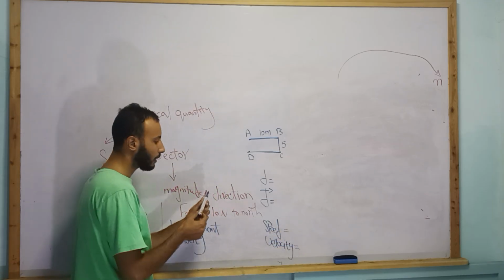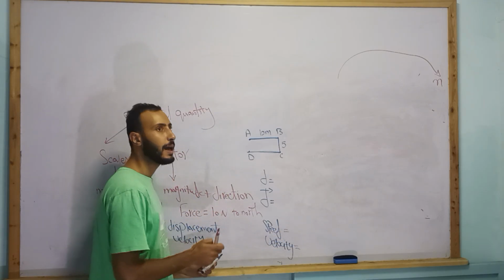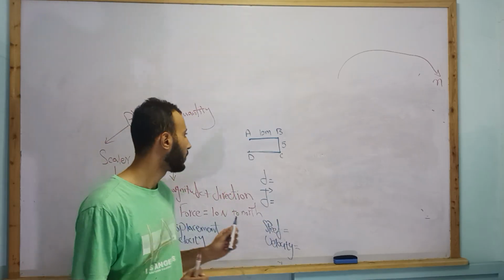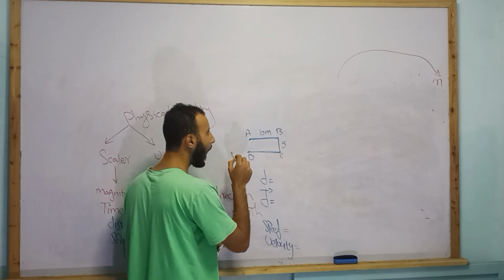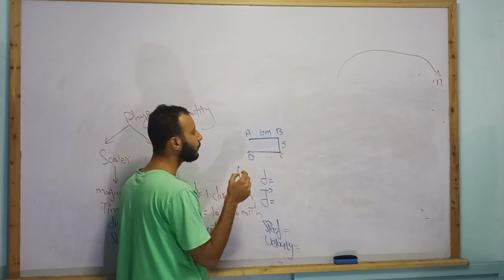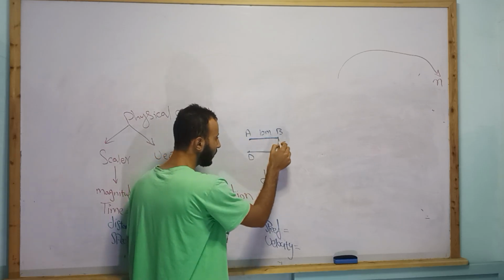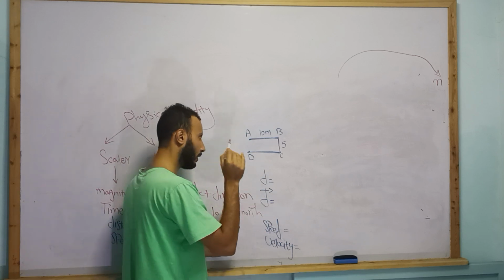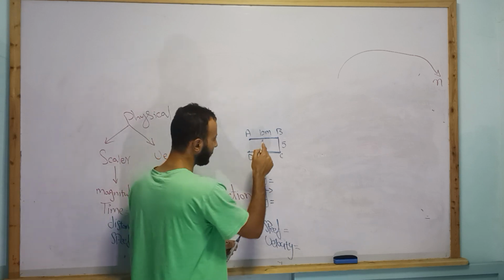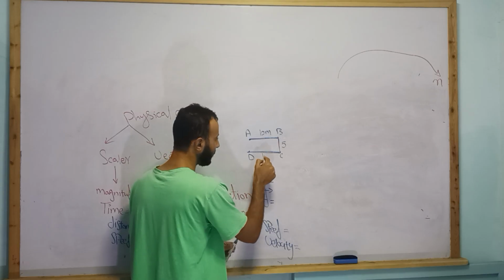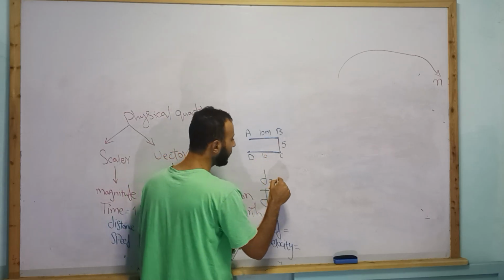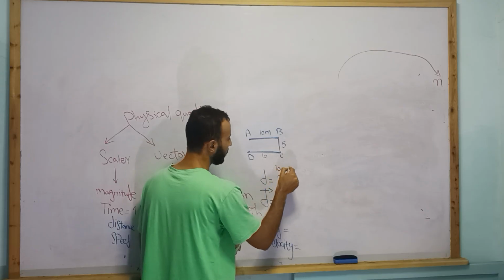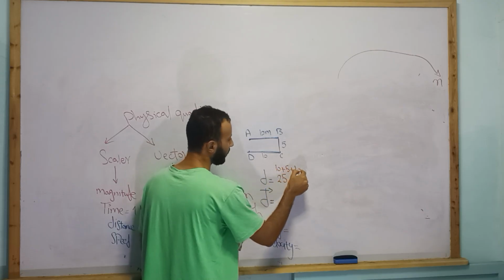I said to you that the distance is the actual path covered by the person. So how did this person move? He moved from A to B to C to D. So the real or actual path that he covered is 10, then 5, then 10. So the distance will be 25 meters, which is 10 plus 5 plus 10.